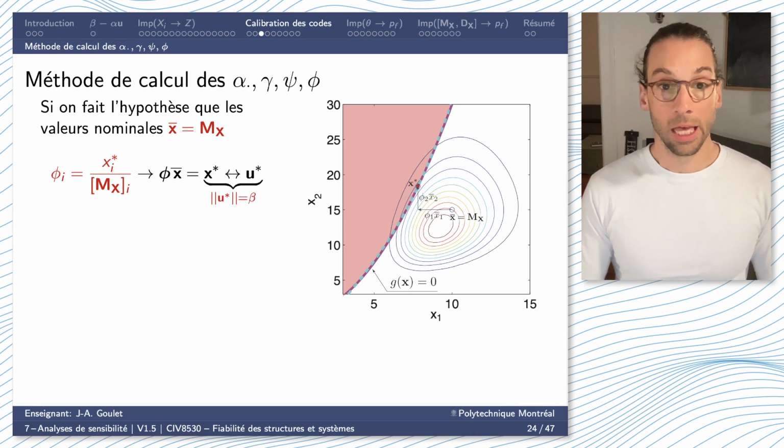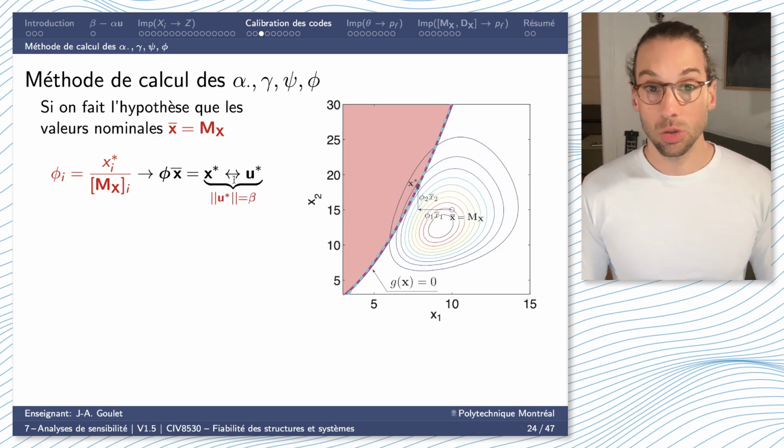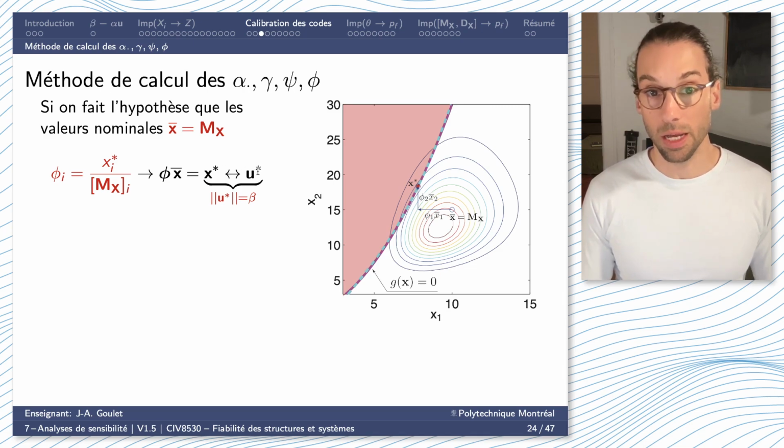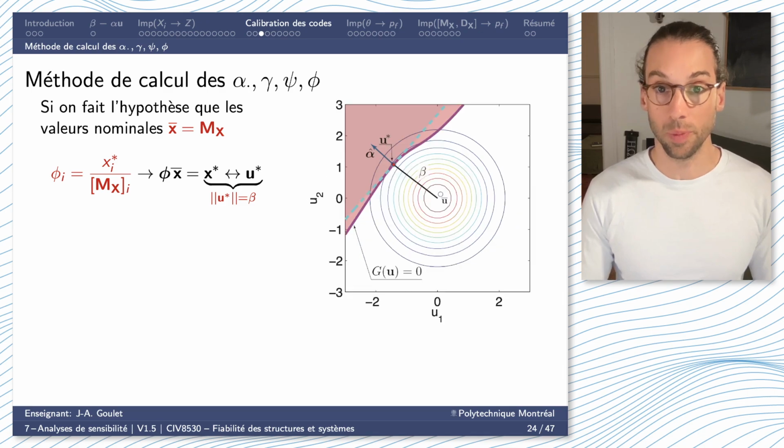In that case, there's a one-to-one correspondence between the X star and the U star: the design point in the original space and the design point in standard normal space, where the length of U star is equal to beta, my reliability index.